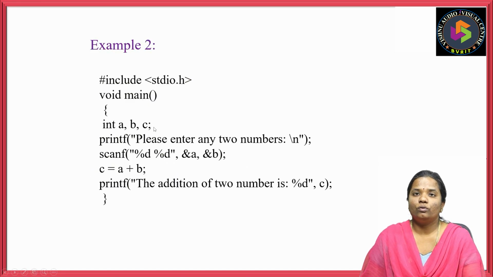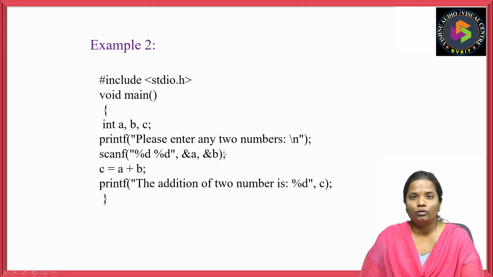Now another example for the usage of scanf and printf. This example takes the support of three variables. Two variables are acting as input variables and one is acting as the output variable. To read two values from the keyboard, I mean from the input device, we take the support of the scanf function.